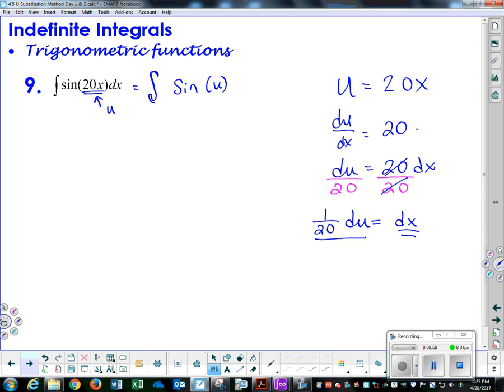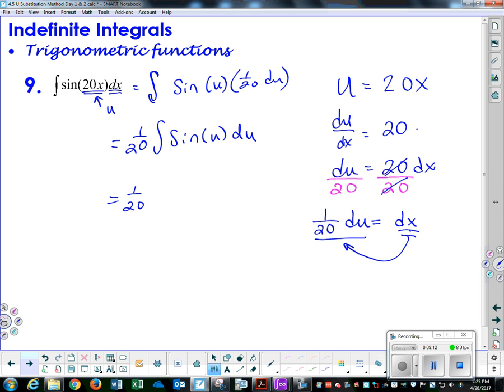All right, so we were talking about how we would love to get this into sine u, and now for the dx, I have to trade this dx out, and dx, it says, is equivalent to 1/20 du. And that 1/20, since it's a multiplier, we can bring it out front. We're left with that. 1/20 just keeps riding along since it's multiplying.